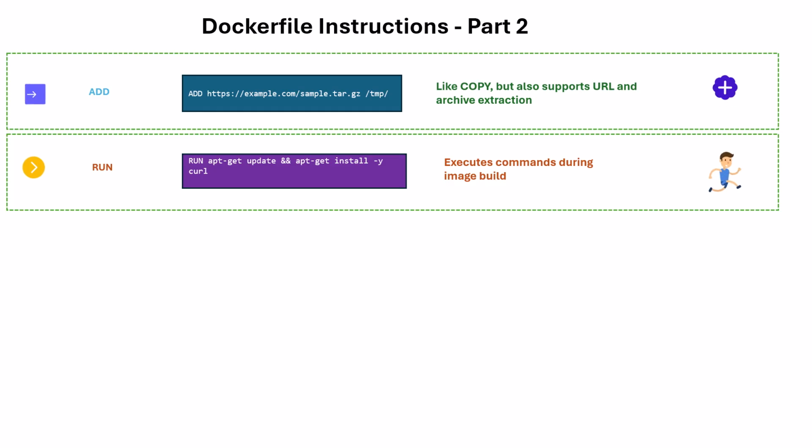It has the RUN command followed by apt-get, which is the package manager for the Ubuntu operating system. So if you want to update your system, or if you want to install some tools like curl, then definitely you can use the RUN command. It simply executes commands during your image build. So this is about the RUN command.